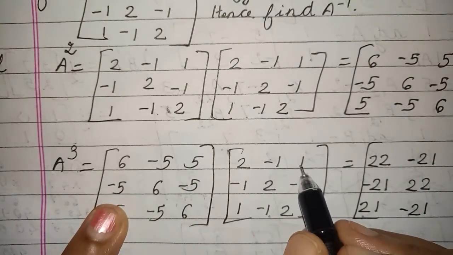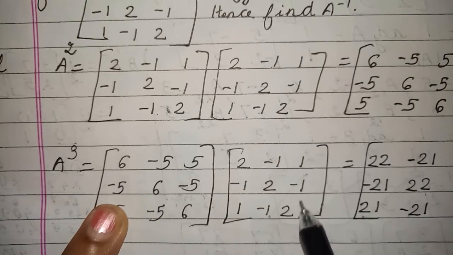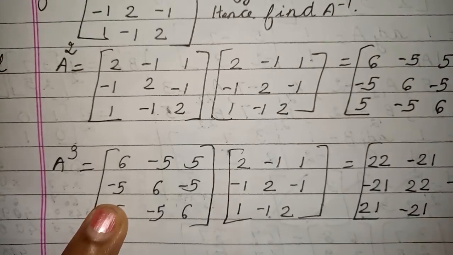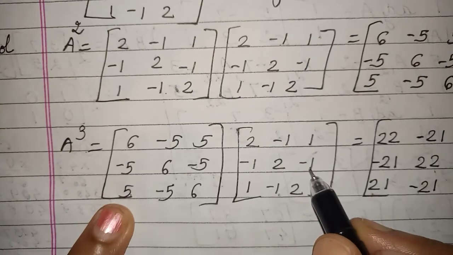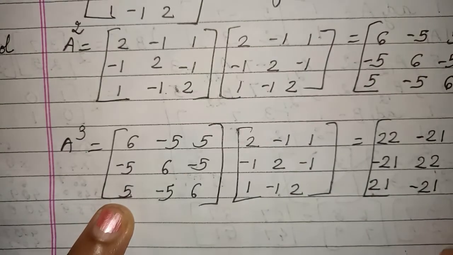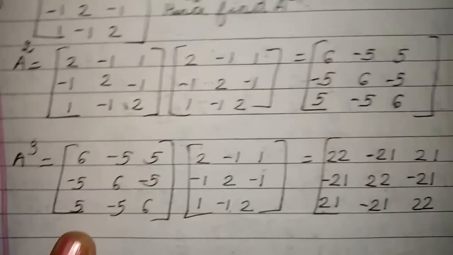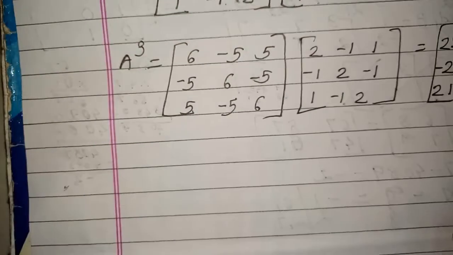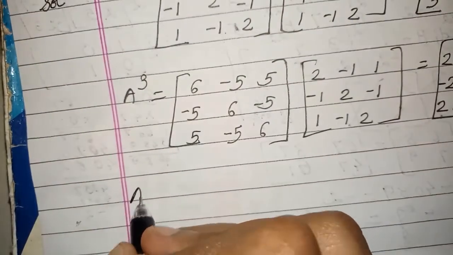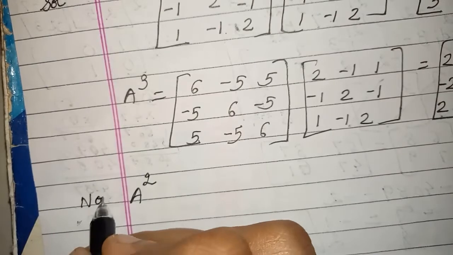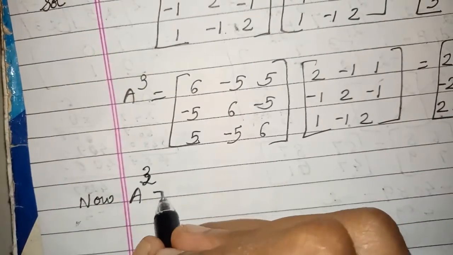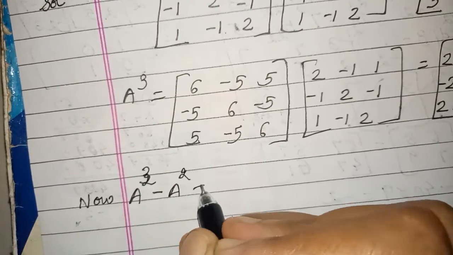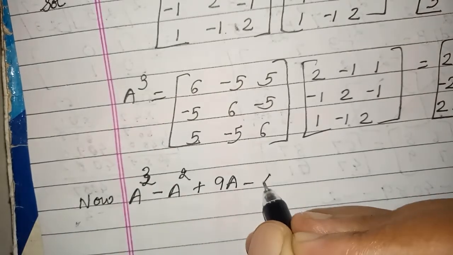Minus 5, minus 6, minus 11, minus 10. 5 plus 5, 10. 10 plus 12, 22. Okay, now you have to prove a cube minus a square plus 9a minus 4i.